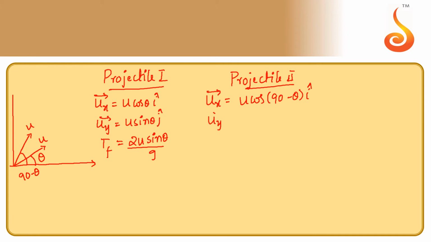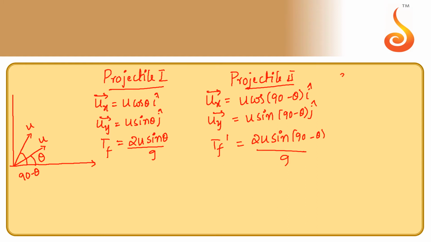The initial velocity along the y direction would be u sin (90 minus theta) j cap, and the time of flight for the second projectile would be 2u sin (90 minus theta) by g. Here we need to remember cos (90 minus theta) will be sin theta, and sin (90 minus theta) would be cos theta.